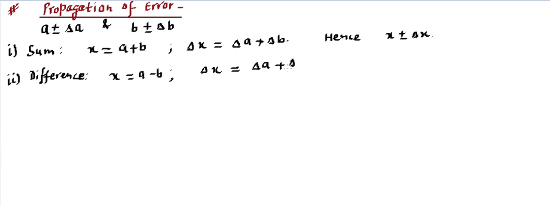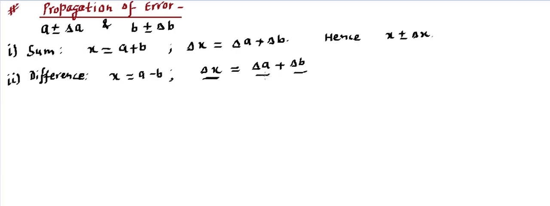Now, here you need to be a bit careful. We are not writing it as delta A minus delta B, rather we are writing delta A plus delta B. Why are we writing this plus sign even though the quantities are being subtracted? The reason is that this is the error in the value of x, and the error in the value of x is going to be due to the error in the value of a and the error in the value of b.